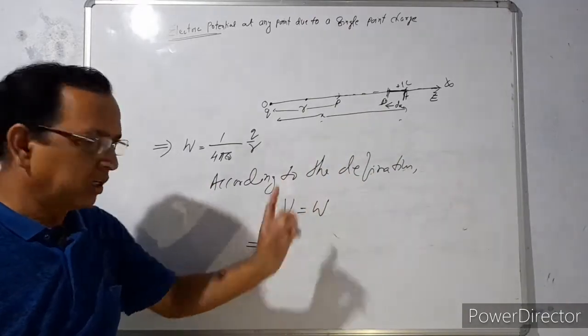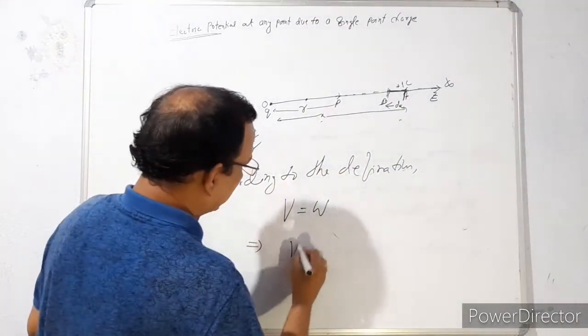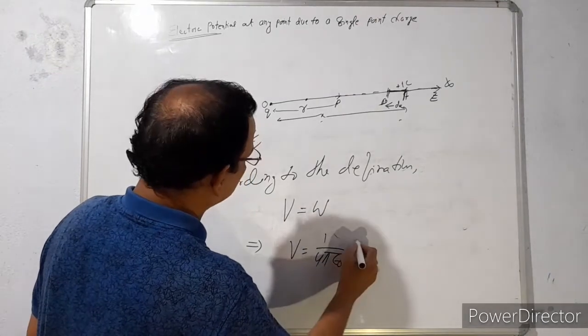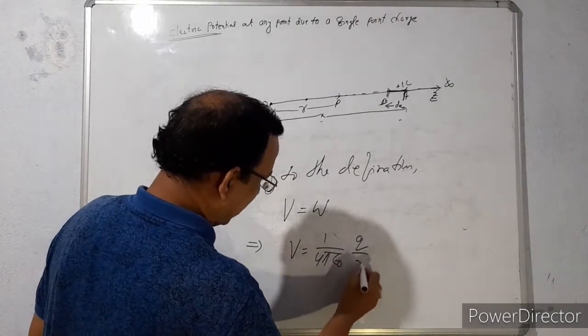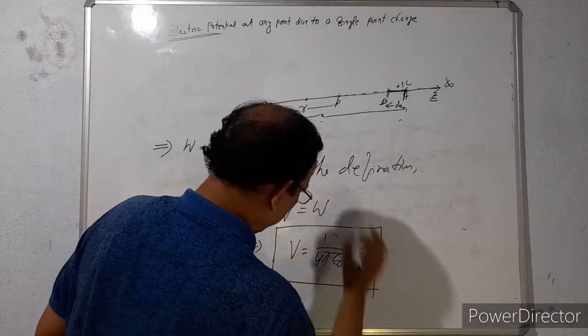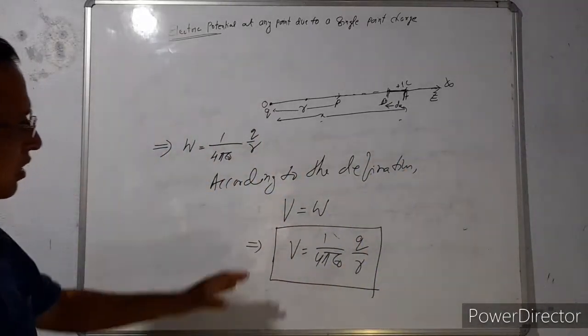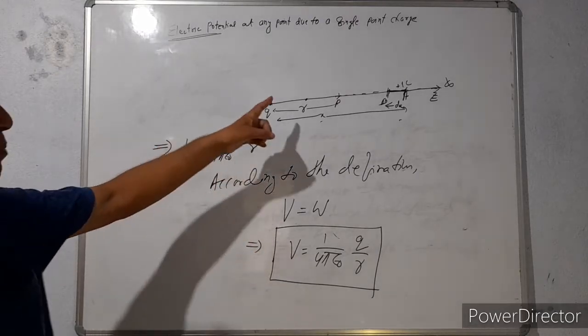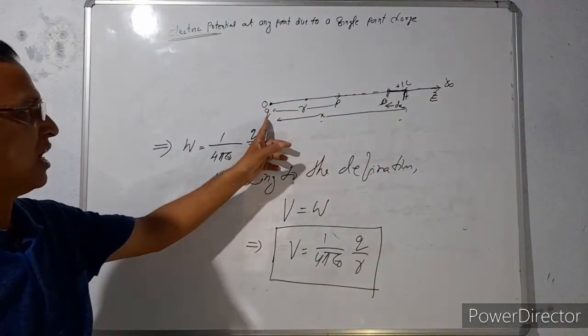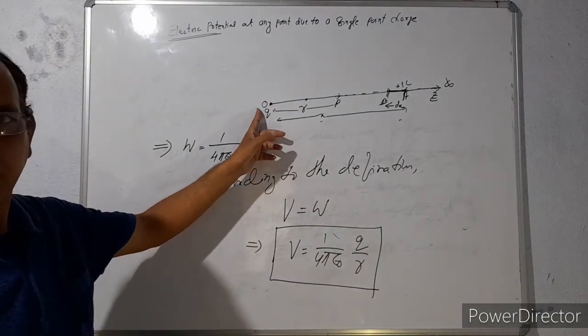So V is equal to W. So V is equal to 1 by 4 pi epsilon naught Q by R. This is all about the potential at any point due to a single point charge, when the source charge is at O. Clear?